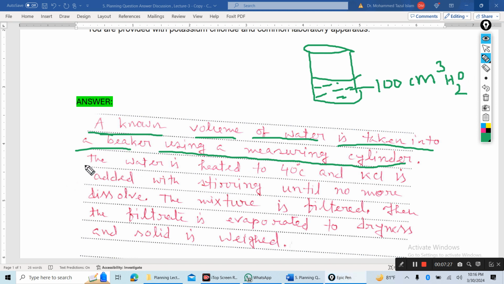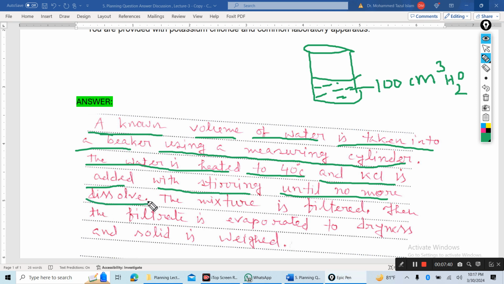Then the water is heated to 40 degree centigrade and potassium chloride is added with stirring until no more dissolves.